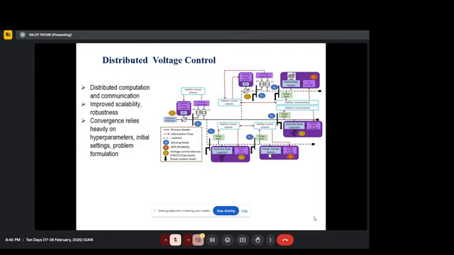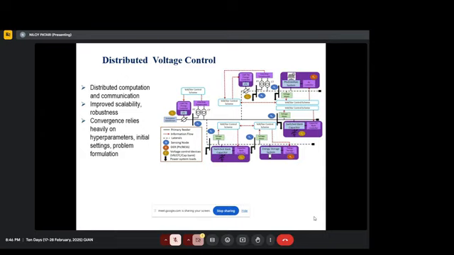But in distributed control, there is not much burden because each of the agents has the ability to compute on its own, right? You can think of it as the centralized optimization problem being divided into various sub-problems, and each sub-problem is given to an agent.